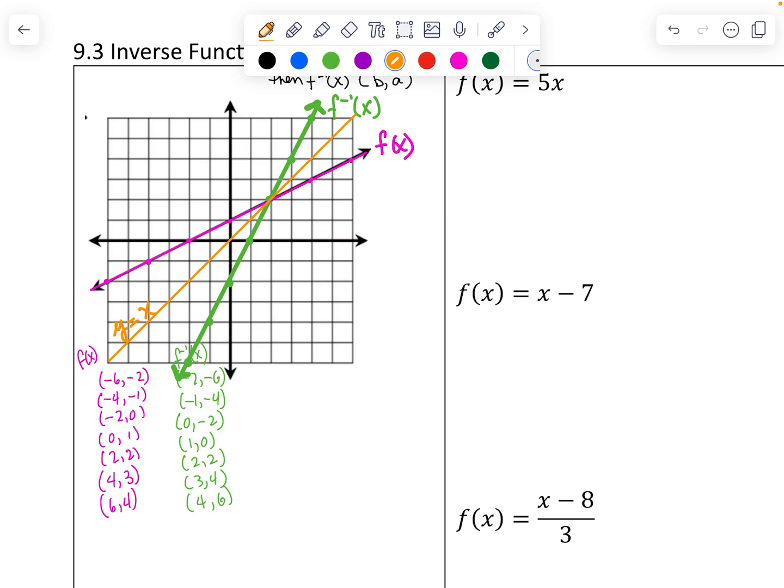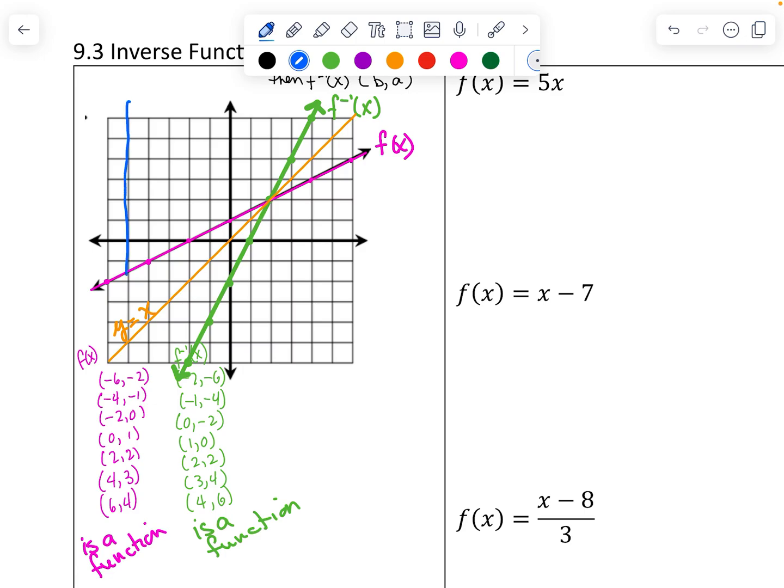Okay? A couple things to note. The pink line is a function. And the green line is also a function. Remember, we learned back in September that to be a function, it has to pass the vertical line test.